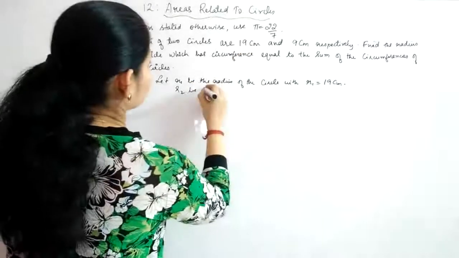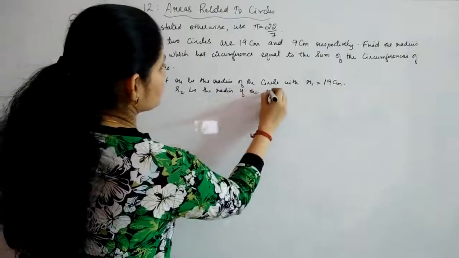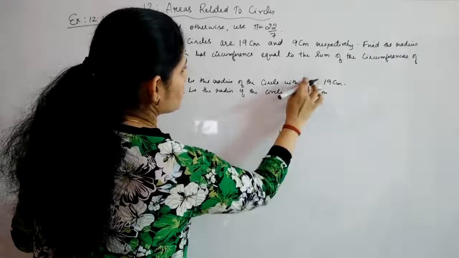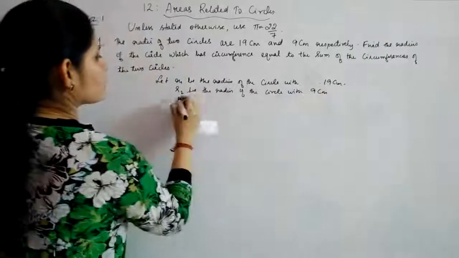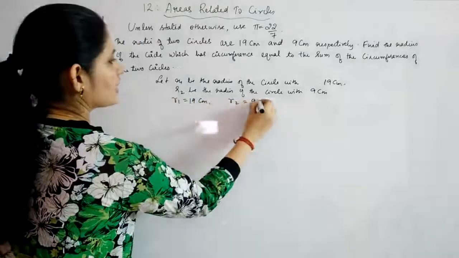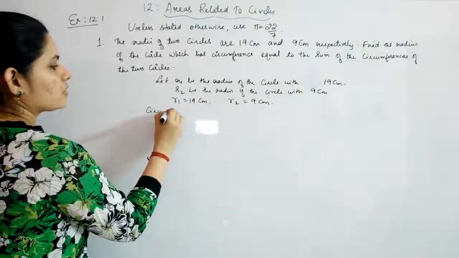So r1 is equal to 19 centimeter and r2 is equal to 9 centimeter. We will find out the circumference.